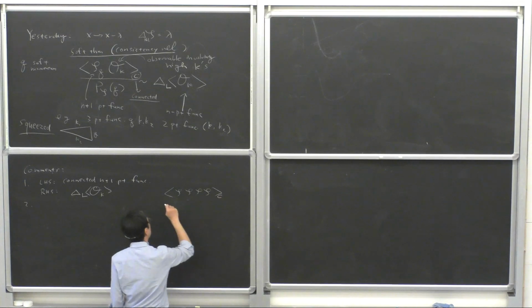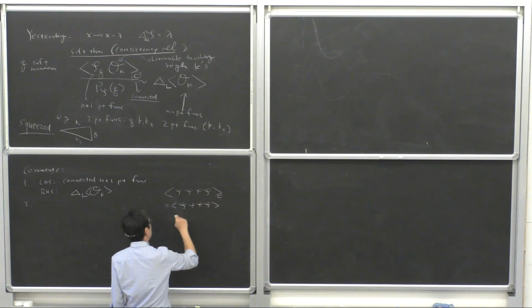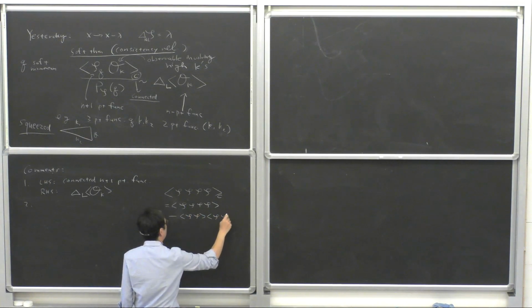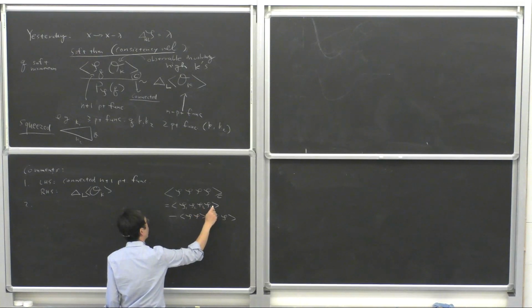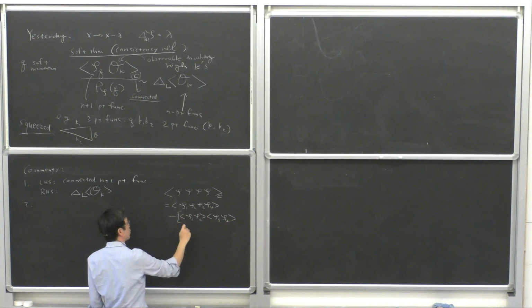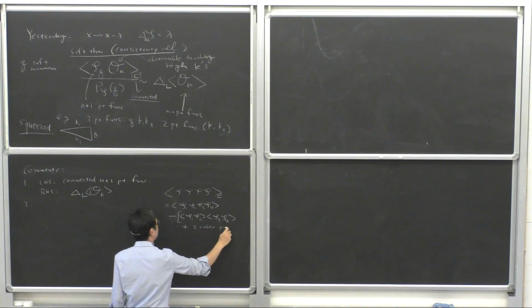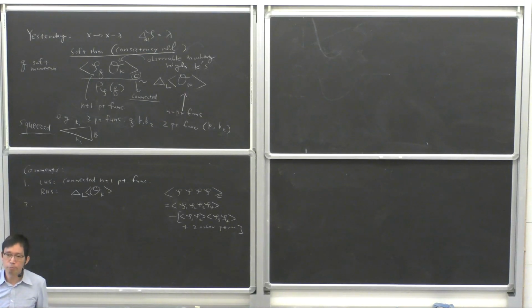The connected part is the same as these 4 guys minus these, but because this is 1, 2, 3, 4, this is 1, 2, 3, 4, there are actually 3 permutations plus 2 other permutations. And you can generalize this to any point. Does that make sense? That's what we mean by connected.